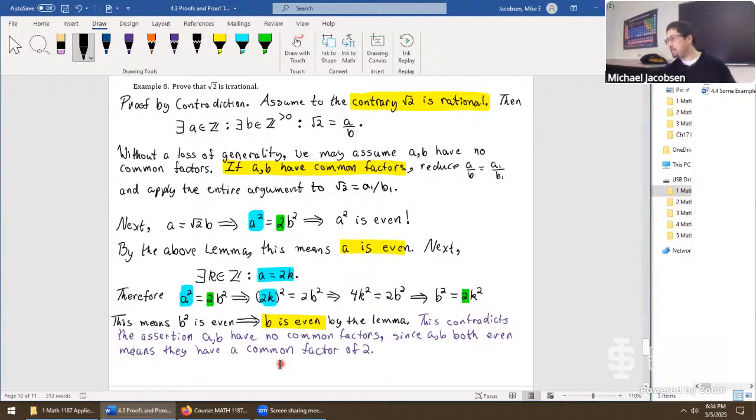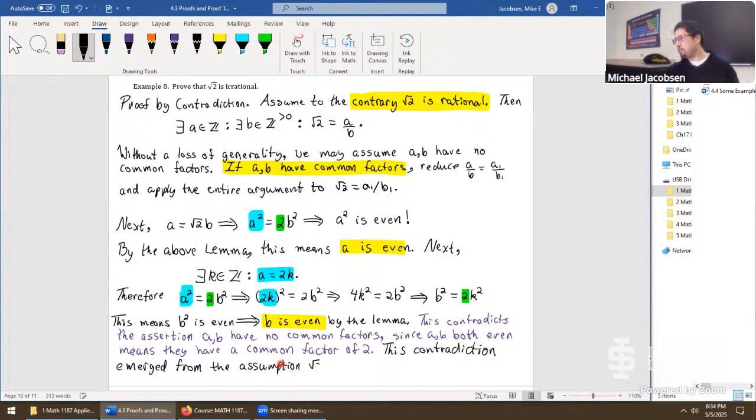So let's say here, this contradiction emerged from the assumption root 2 is rational.